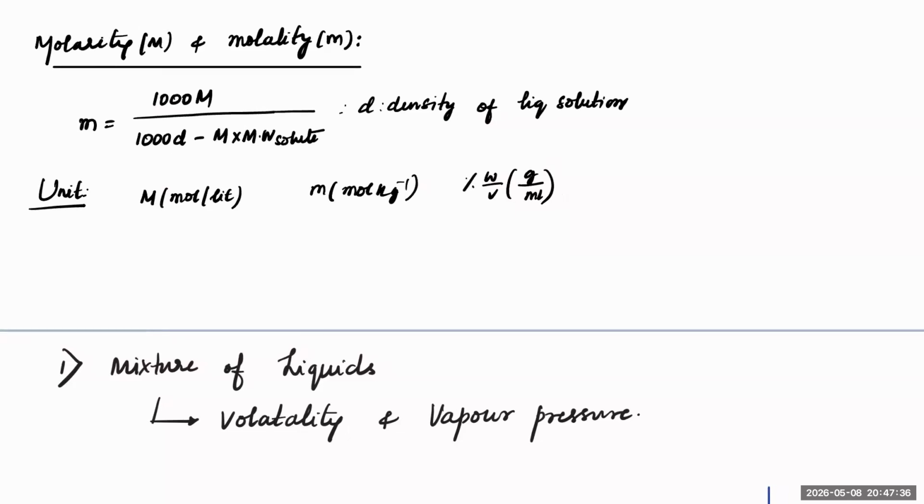So any representation of the amount of solute, either in terms of grams or moles, and how much it is present in the solution or in the solvent, measures the strength of the solution, also known as the concentration of the solution. Concentration and strength represent the same thing. It basically shows how much solute is present.